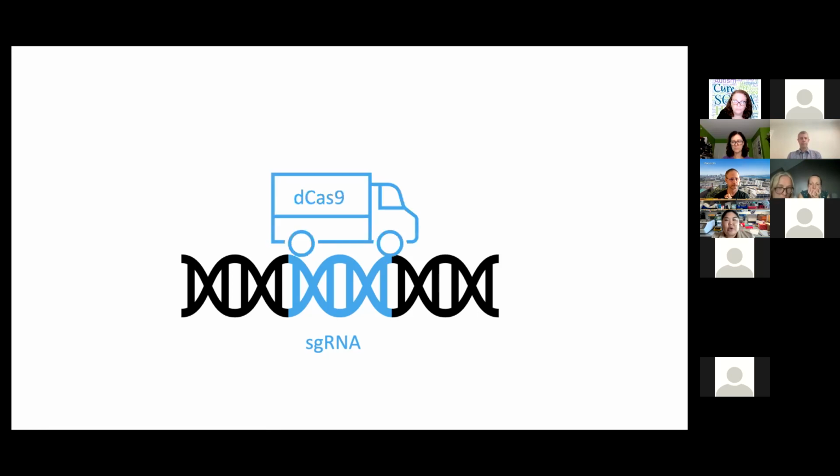You can think of CRISPR activation as a delivery truck, and that truck uses the genetic coordinates specified by the guide RNA to learn where it needs to park itself. I've loaded up my delivery truck with protein factors that activate the gene to make it work twice as hard. And in this way, we can rescue haploinsufficient diseases by rebalancing total gene levels.